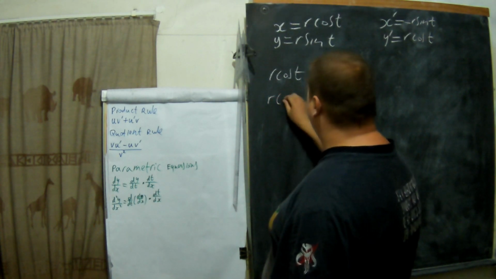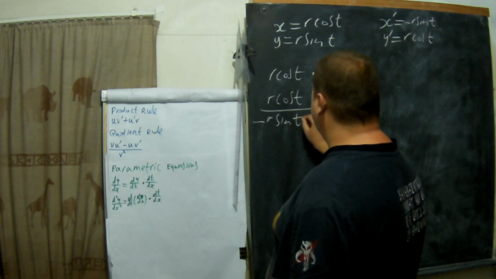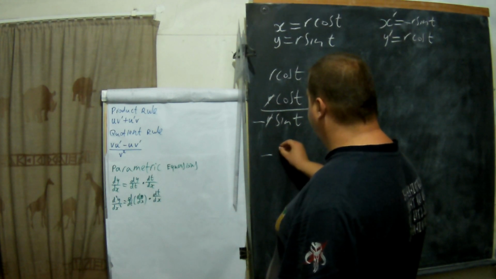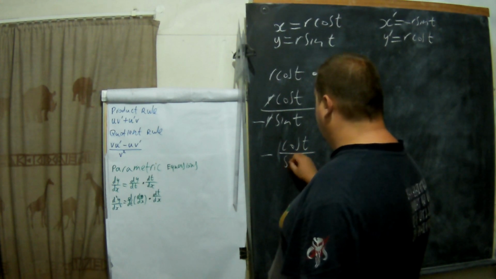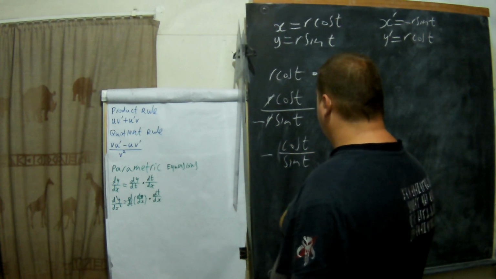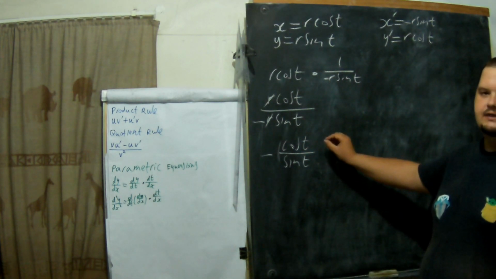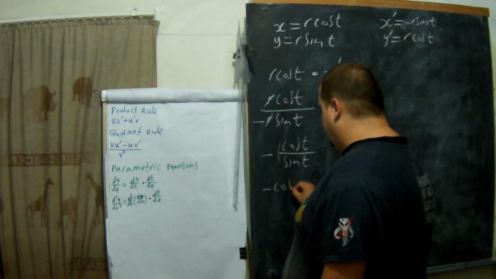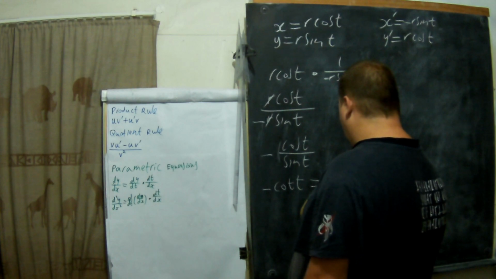So it's r cos t over minus r sine t. So r and r cancel, so we're left with minus cos t over sine t. Right. So cos over sine, as you well know, is cot. So minus cot t is equal to dy over dx.